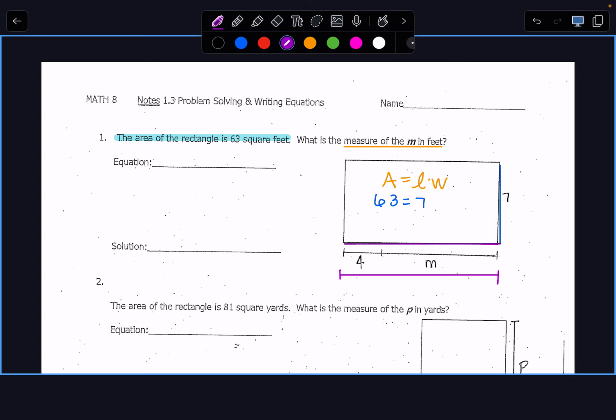We would add, right? We would be 10 feet 7 inches together, right? What are we going to do with 4 and M? We're going to add them, okay?